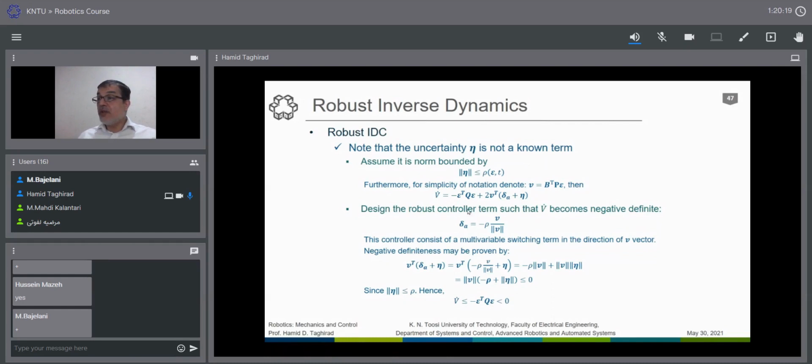It means that by using the eta term, we have considered the worst case scenario. You see now how the worst case comes into the picture. For the worst case scenario, you can guarantee the stability of the system.